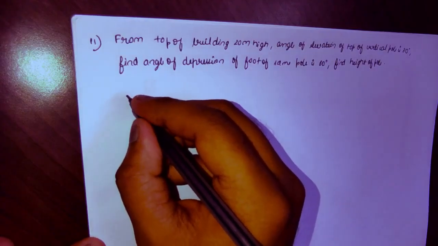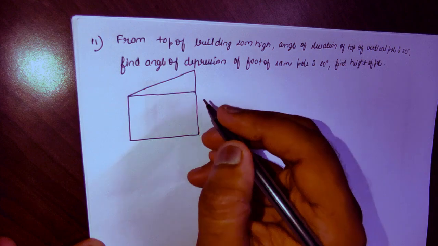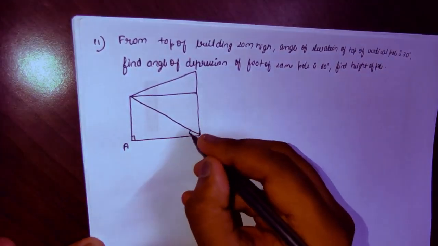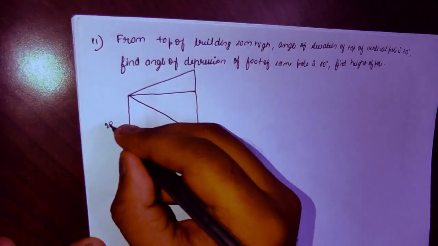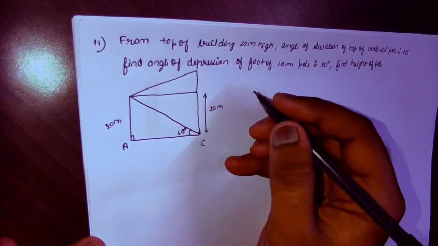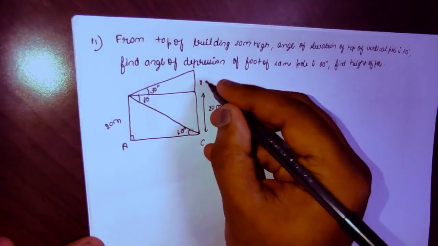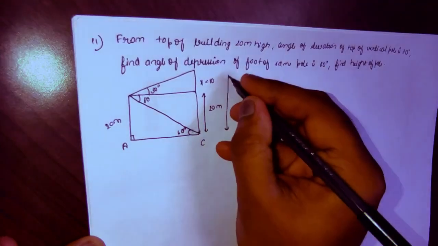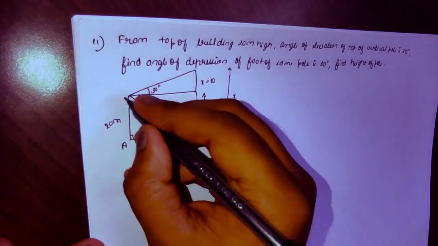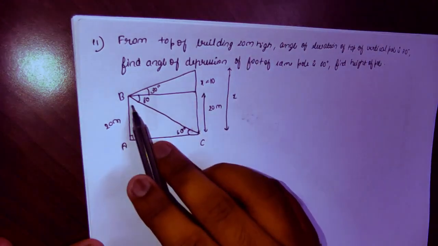Based on that, we will draw a rough sketch. Now in the question they have given the top of the building is 20 meter.